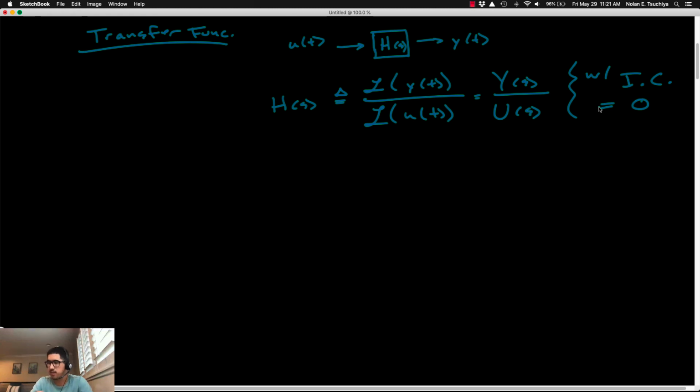It doesn't concern itself with whether it was already moving or if there was some other initial condition involved. So the definition is the Laplace transform of the output over the input, assuming zero initial conditions. Okay, so there's your definition of the transfer function.